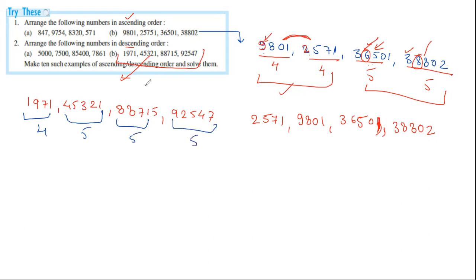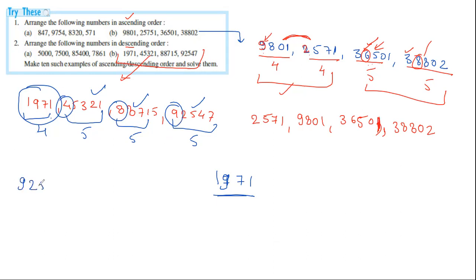As we need to write it in descending order, the smallest number will come last and the greatest number will come first. So as this is 4 digits, definitely this will come at last. Now we are left with these 3. Out of these 3, I'll check the first digit, 9, 8, 4. Whichever is the greatest will come first.